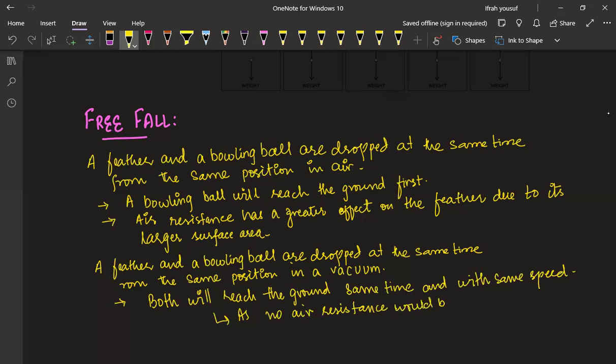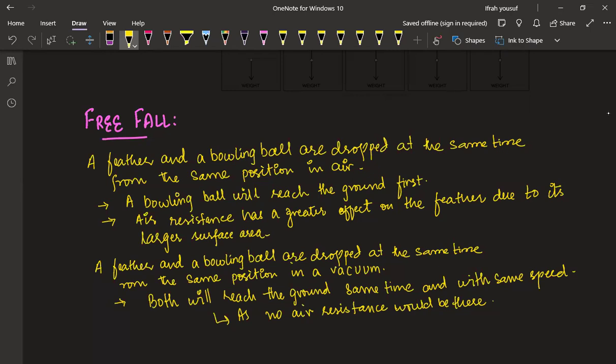This is called free fall, and it applies to all objects regardless of their masses in a vacuum. So we can conclude that there is no air resistance and only weight acting on the object as it falls. The object is accelerating at 10 meters per second squared every second, a constant acceleration towards the ground.